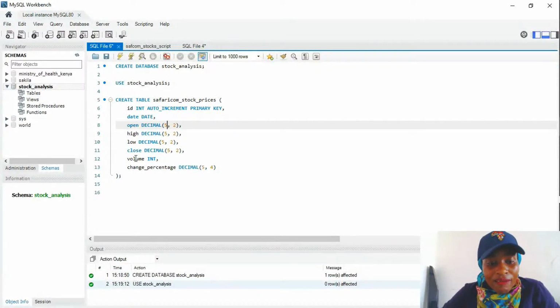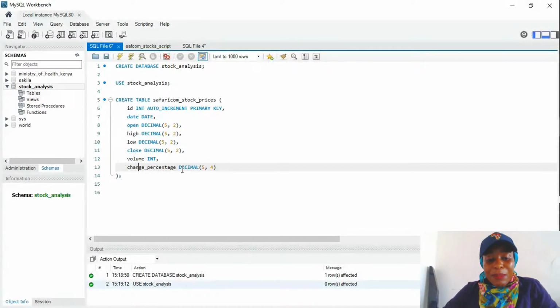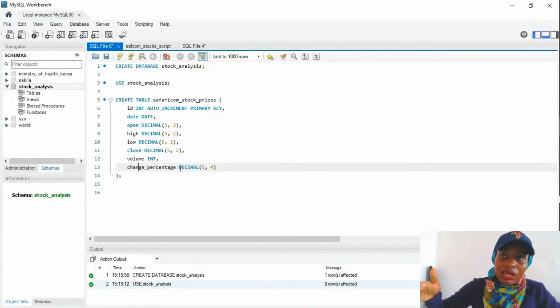Then we have the volume, which is an integer, because we're going to give the volume in millions. The change percentage is also a decimal, but we're having it in 4 decimal points because, if you check our data, the percentage change starts somewhere at the third decimal point, which is why we have it that way.